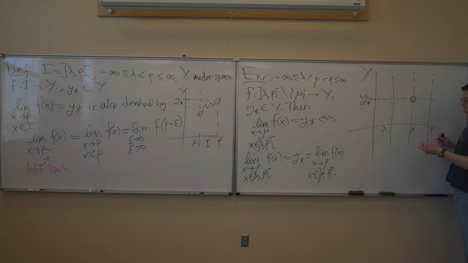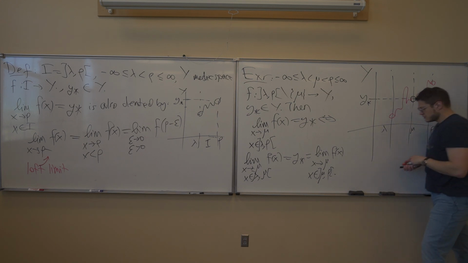And so maybe the graph of f is like this, and then something like this maybe, okay? This says that the limit of f as x goes to mu is y star if and only if the left limit, which is this point, matches with this right point.